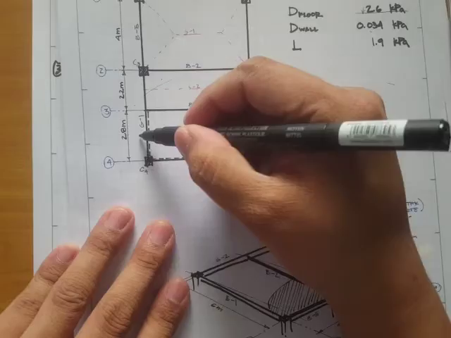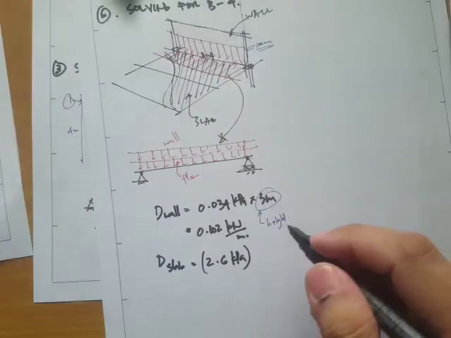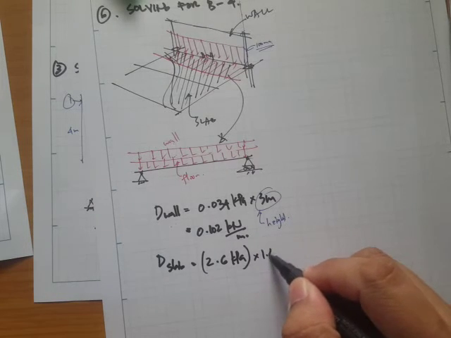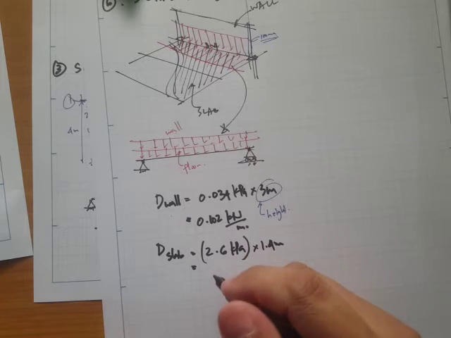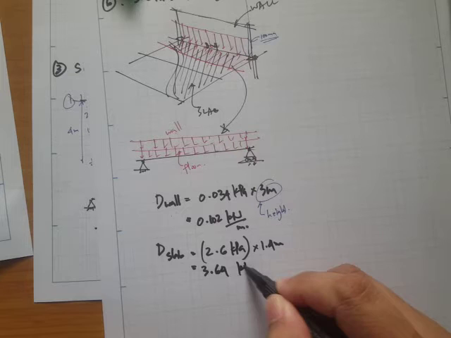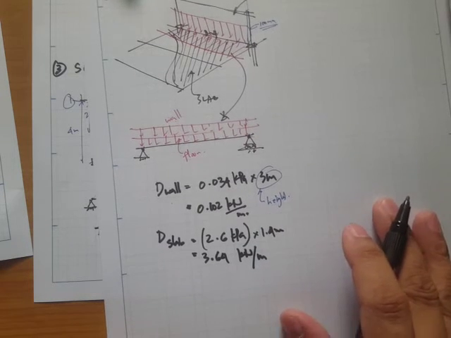Again, it's just halfway of 2.8. So 2.8 divided by 2, you get 1.4, right? So times 1.4 meter, and what you get is 3.64 kilonewton per meter.